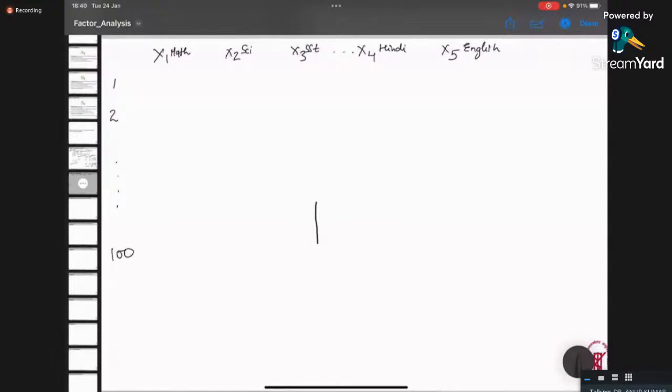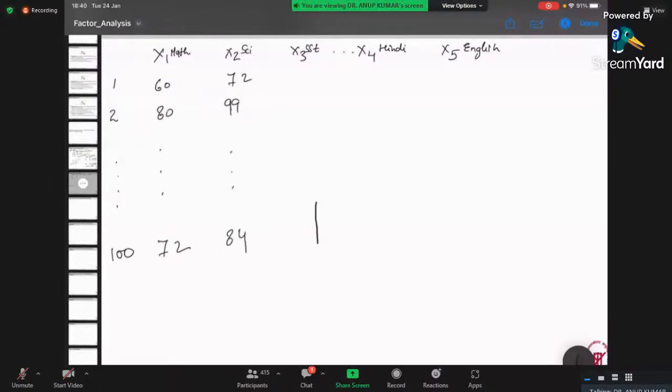So for the first student, mathematics marks are 60, 80, like this. Science marks 72, 99, 84.